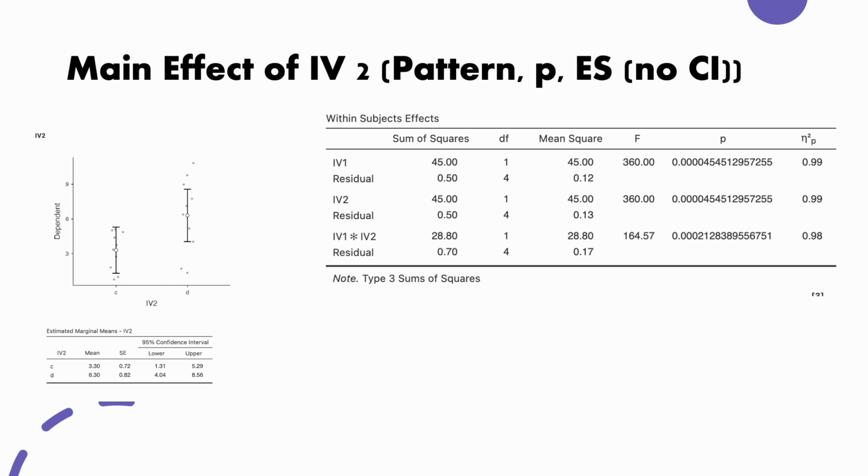Are the means within independent variable 2 different from each other? The pattern suggests that group C has a lower mean than group D. When we look at the independent variable 2 line, we find that the p-value is less than 0.05 and is significant.